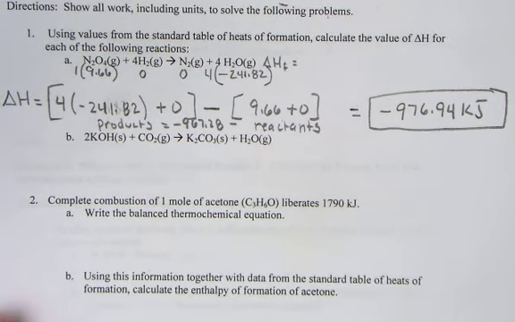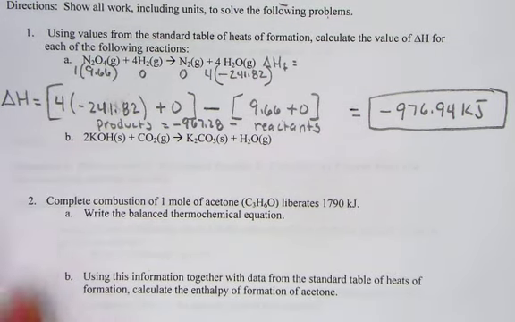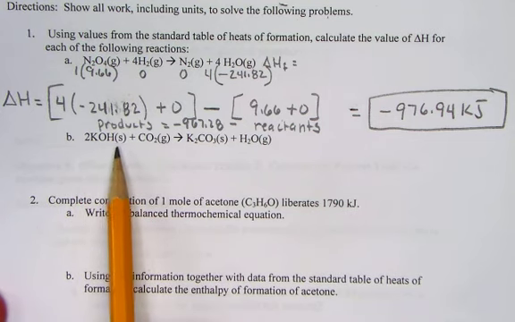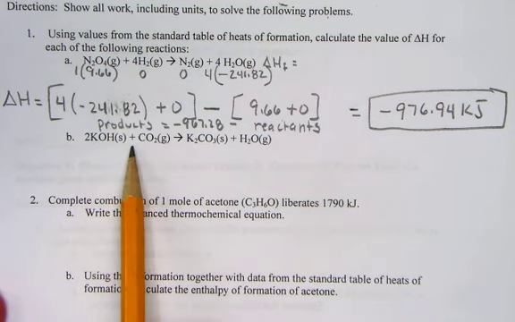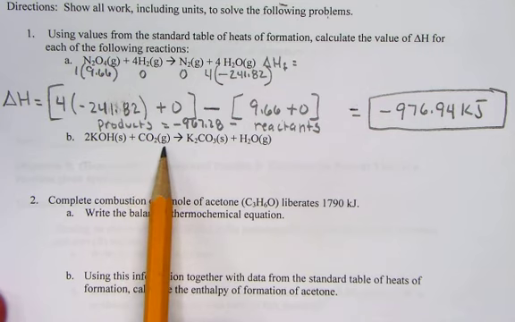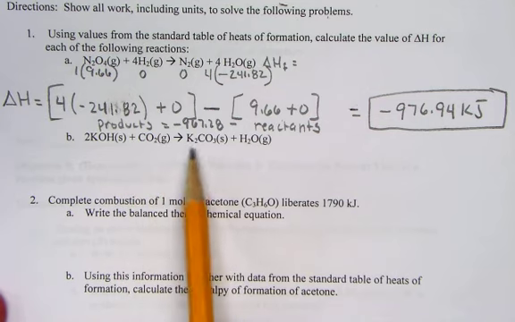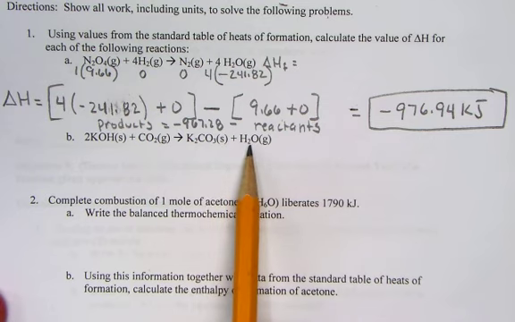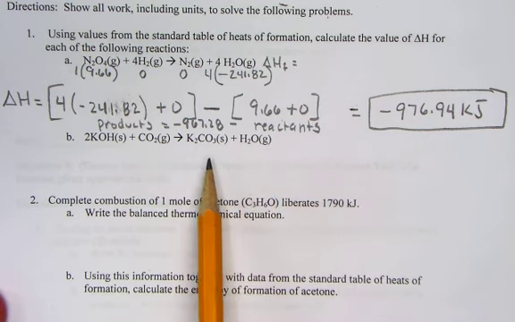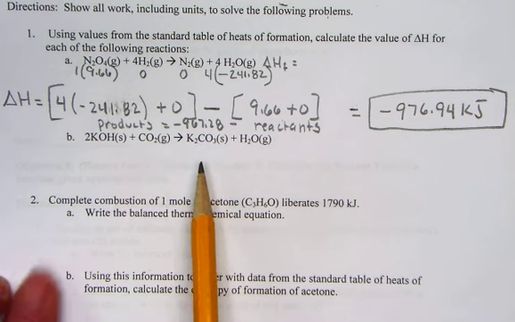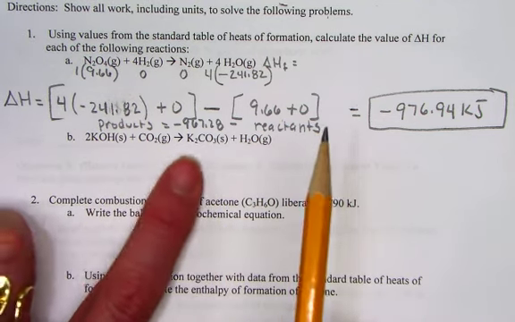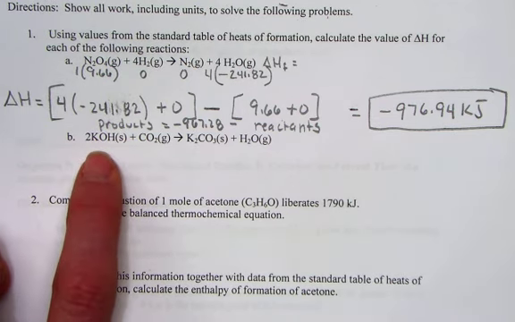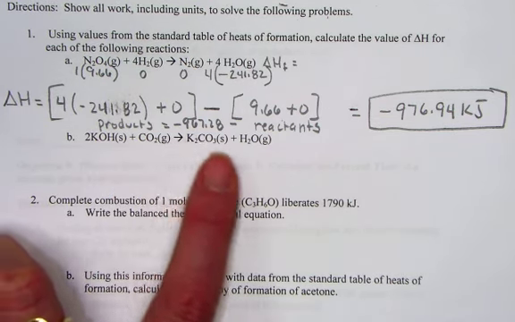Our second part of the first equation, 2 units of KOH solid plus 1 unit of CO2 gas produces K2CO3 solid plus 1 unit of gaseous water. Products minus reactants, we need to look up the standard value for each of these one at a time, and I'll keep tabs by writing its value underneath each of the ingredients.